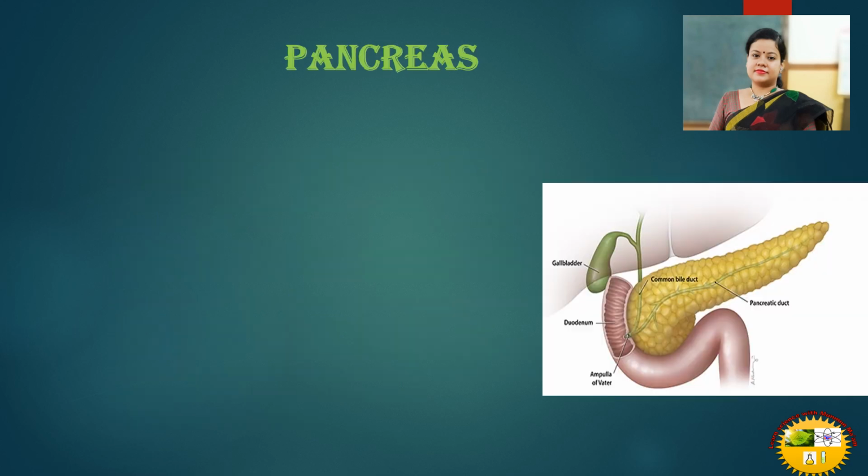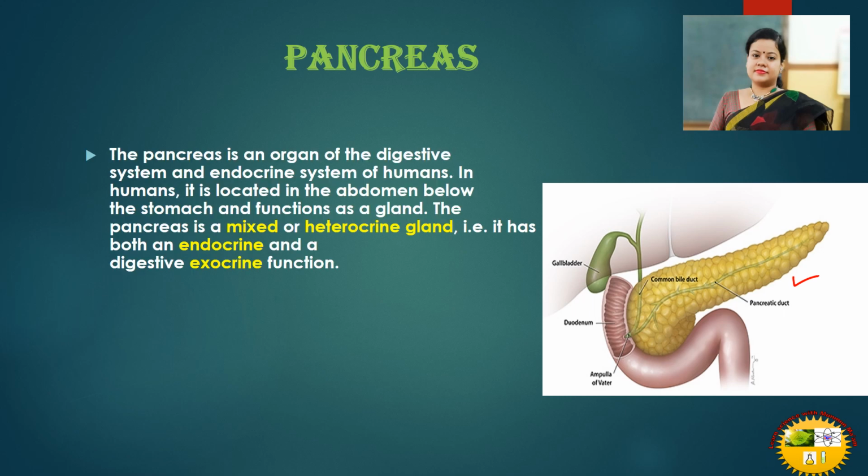Next is the pancreas. You can see the leaf-like structure is the pancreas. There is something very important to know about the pancreas. The pancreas is an organ of the digestive system and endocrine system of humans. It is located in the abdomen below the stomach and functions as a gland.